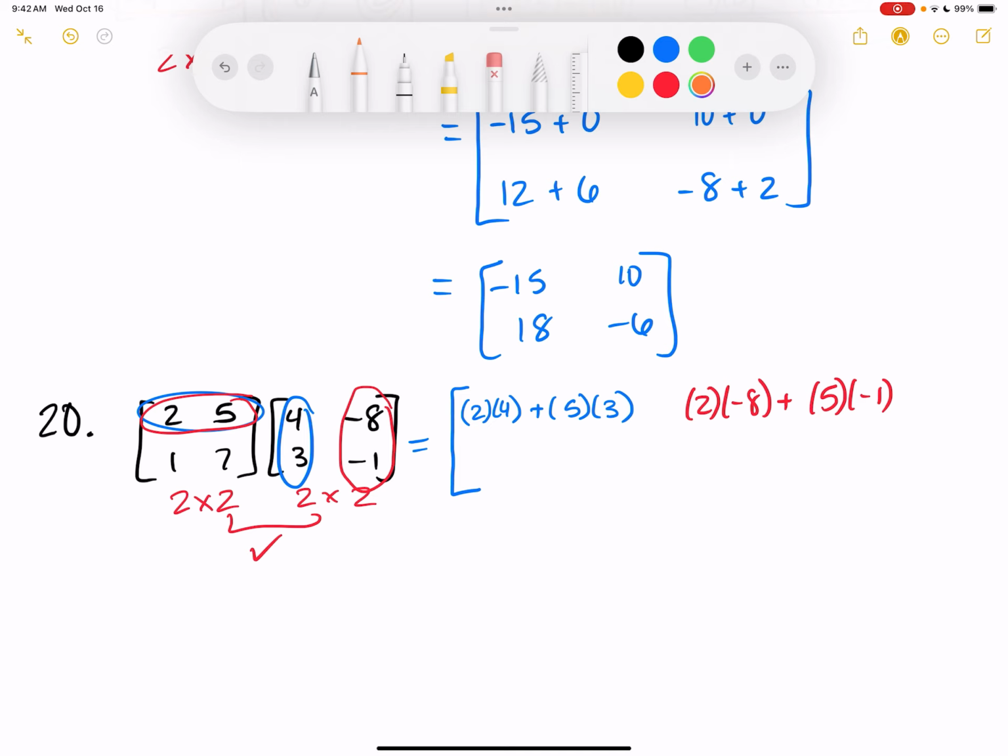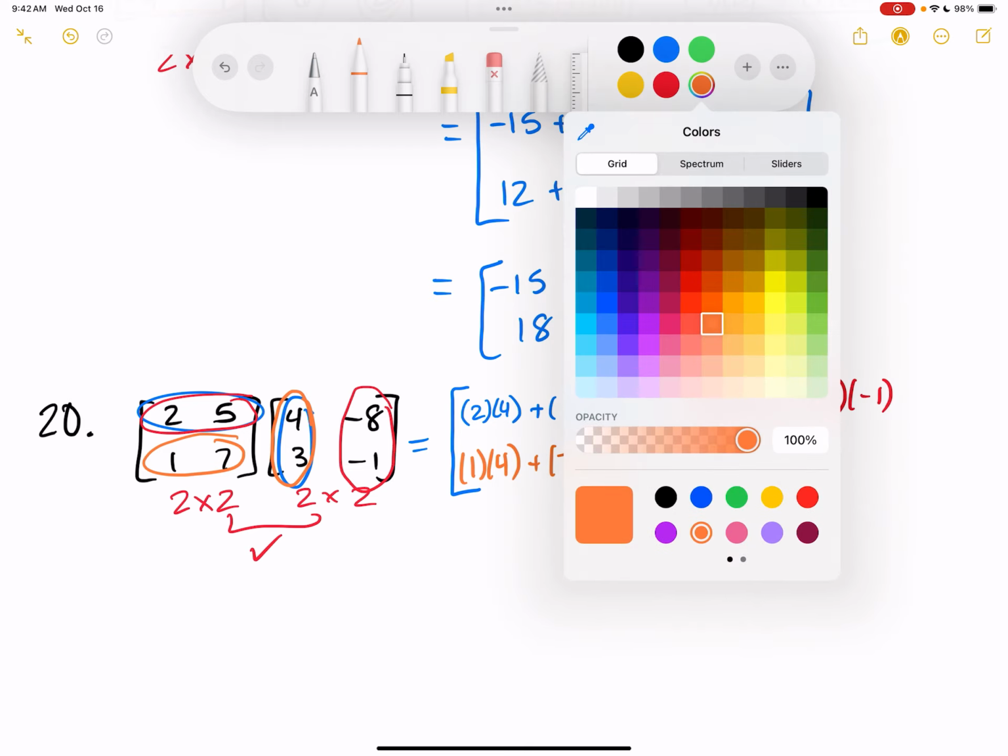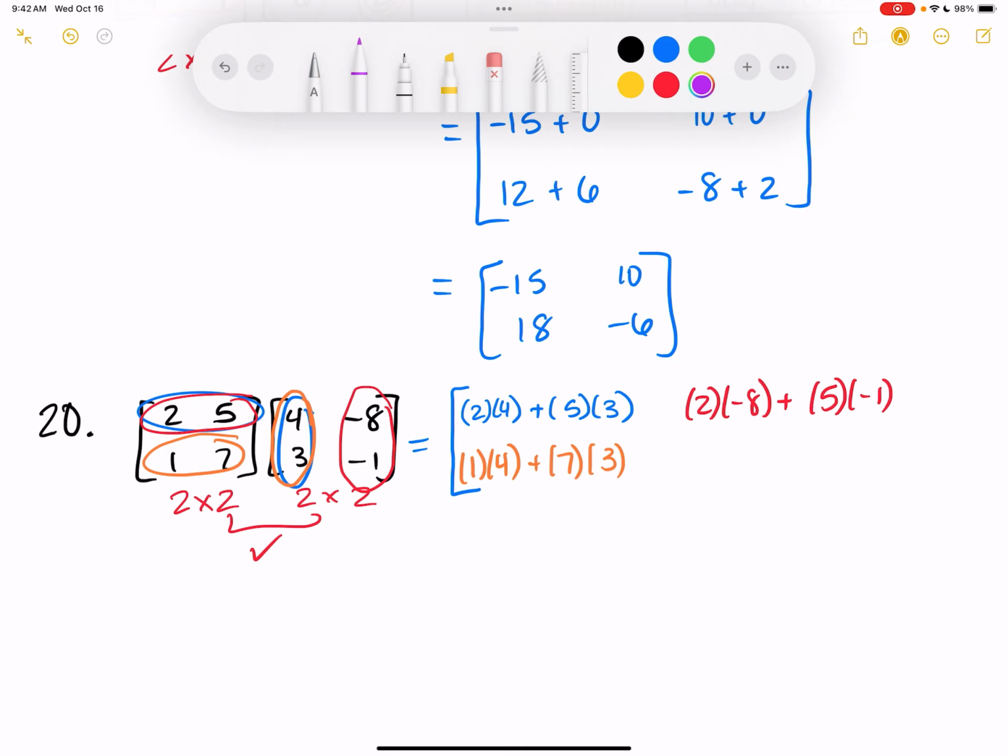Second row, first column. 1 times 4 plus 7 times 3. Circle that. Second row, second column. 1 times negative 8 plus 7 times negative 1.